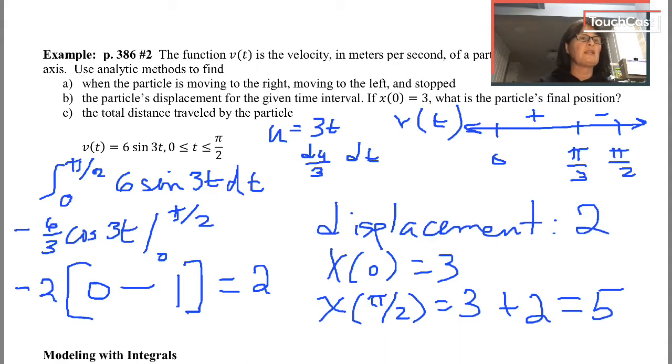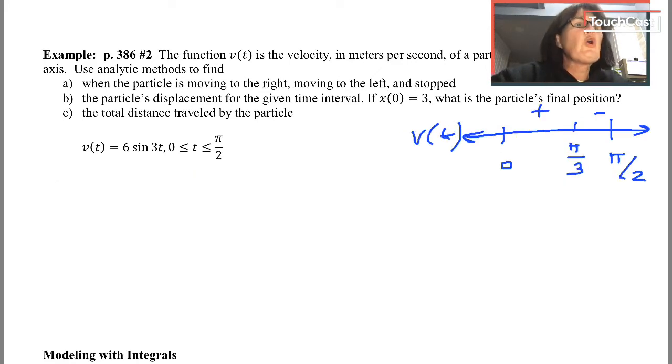Well, that's in bold at the bottom of your first page: ending position is initial position plus displacement. Okay, so remember this antiderivative, because I'm going to erase the whiteboard and come back to answer part C.